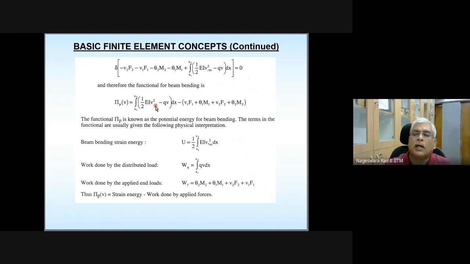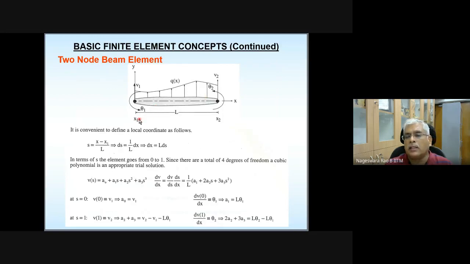Here, shape functions for the two node beam element are derived. Yesterday I told you about all this derivation.